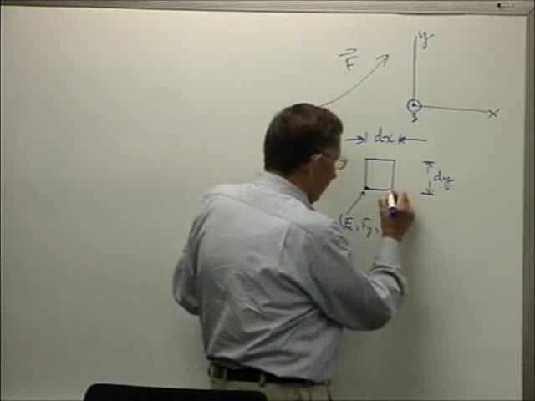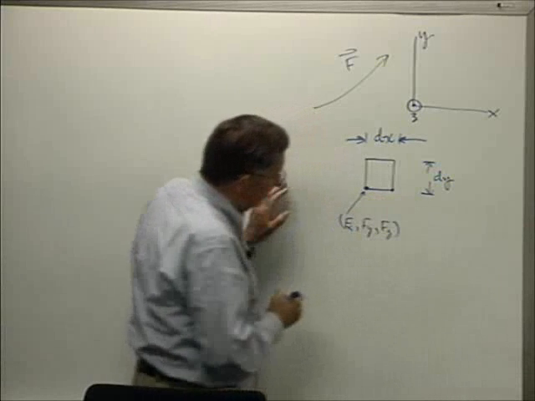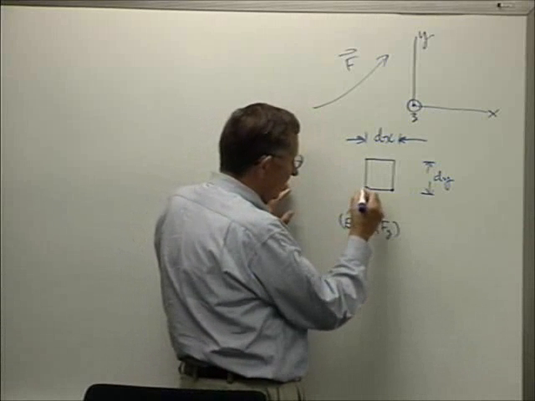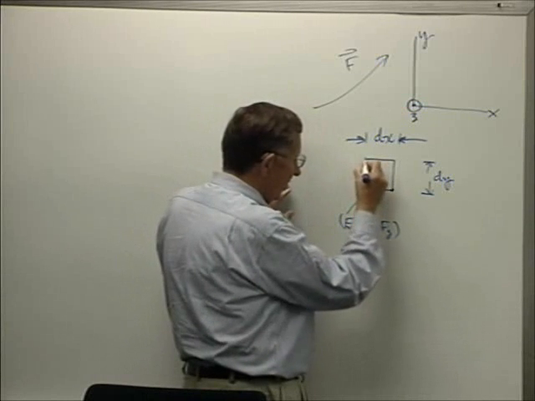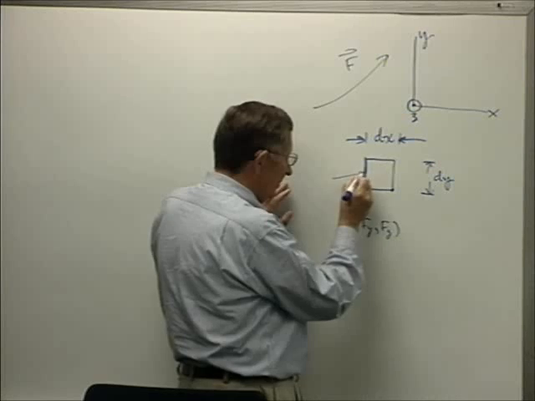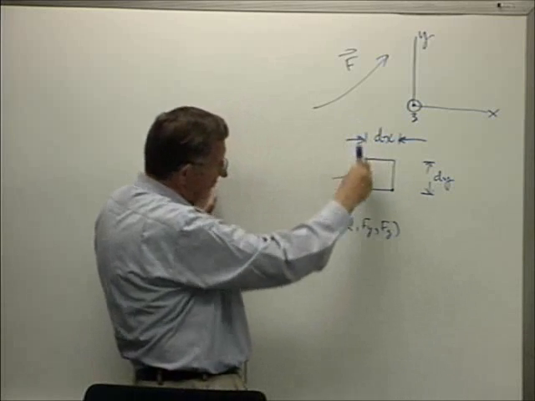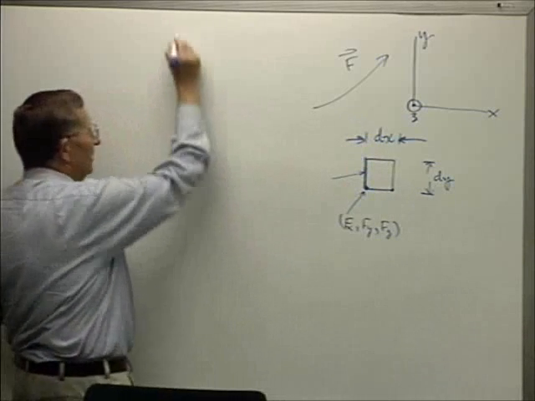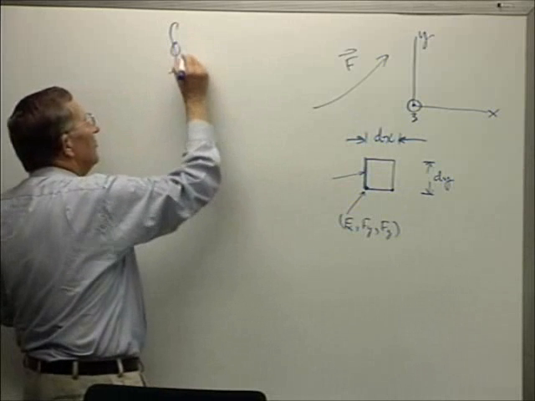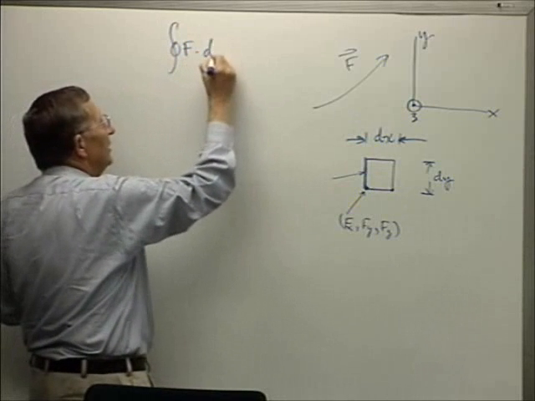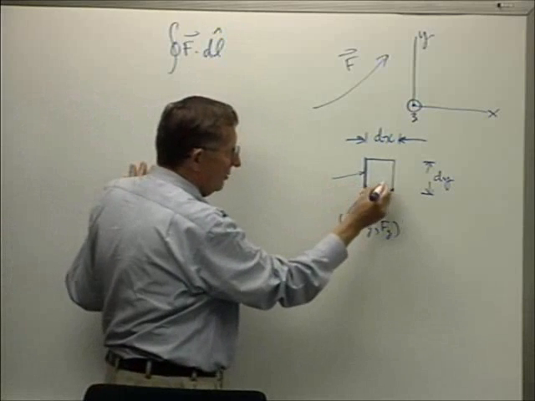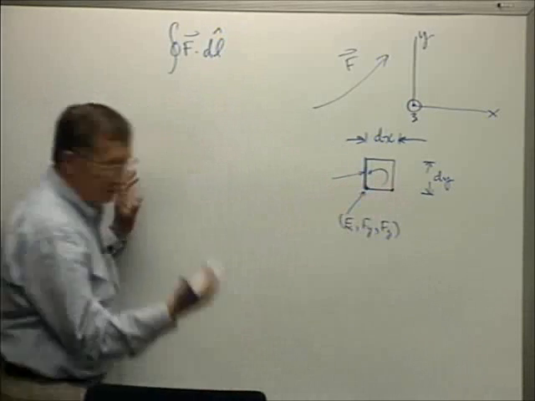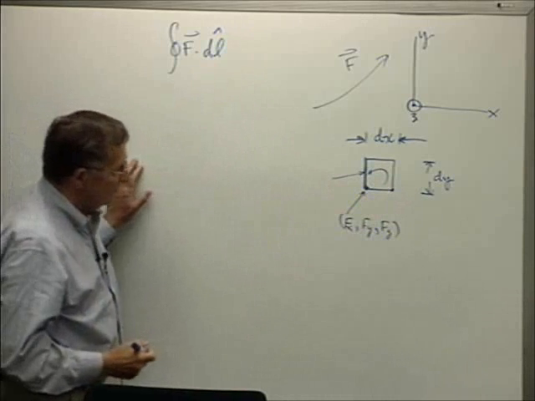And at this point right here, if I look at the value of F along this leg, the value of F that's parallel to this leg, we're going to be evaluating the integral of F dot dl, and we're going to do this around a loop going counterclockwise.